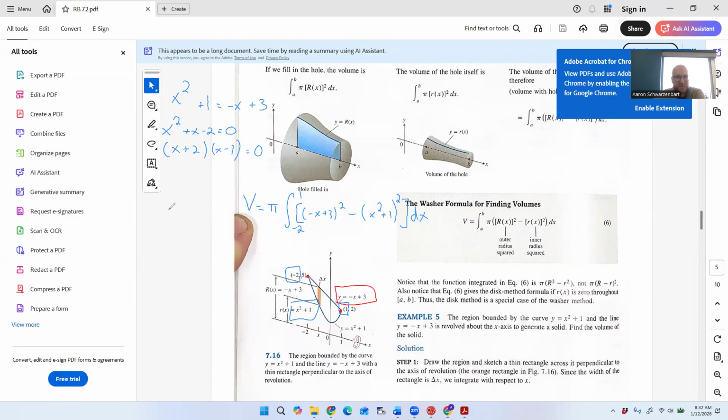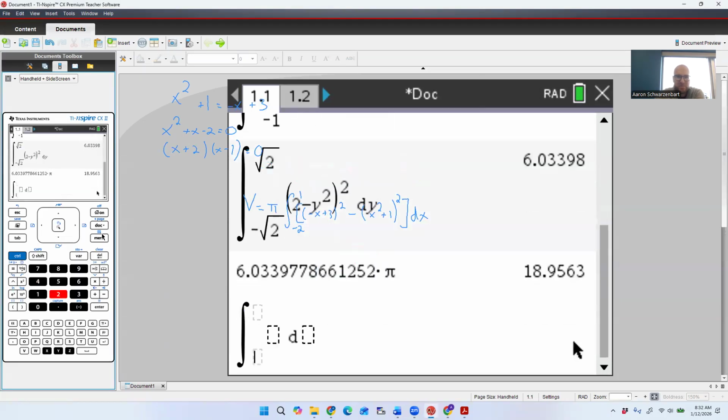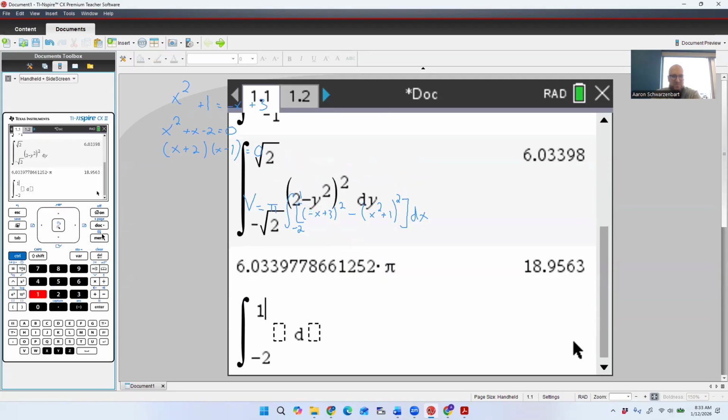To execute this, I don't feel like integrating that by hand. So I'm going to use my calculator. We'll see if I need to put in terms of pi. Actually, I can put the pi on the beginning.